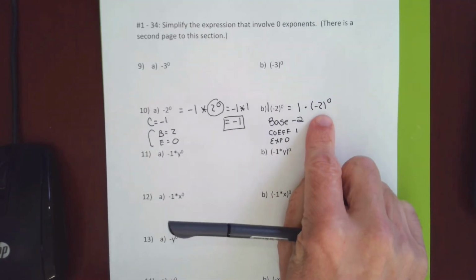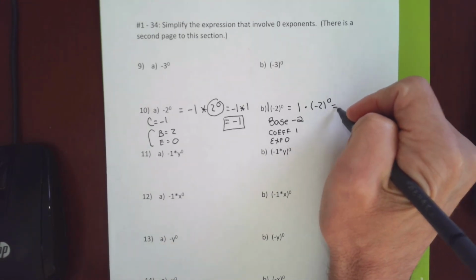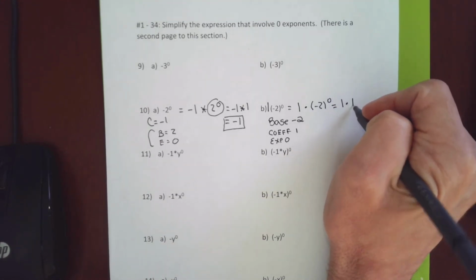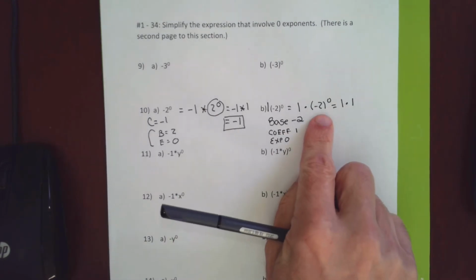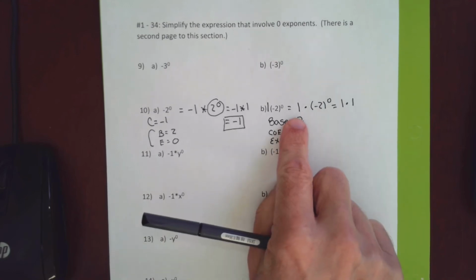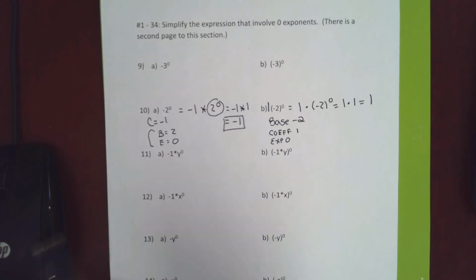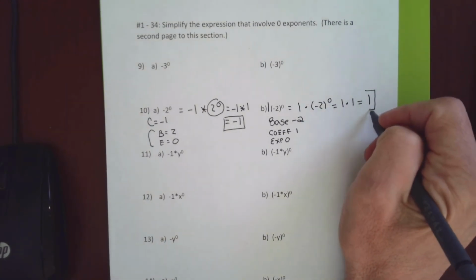This piece right here is a base to a 0 power. Base to the 0 powers are always equal to 1. So this would be exponents, orders of operations first. The base to the 0 power is 1. The coefficient remains. And I multiply the coefficient by what the base to the 0 power equals. Part B should be +1.